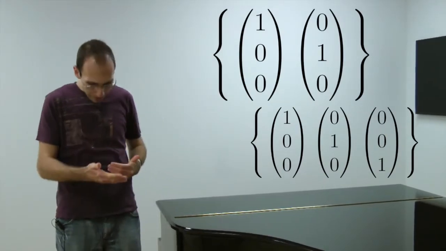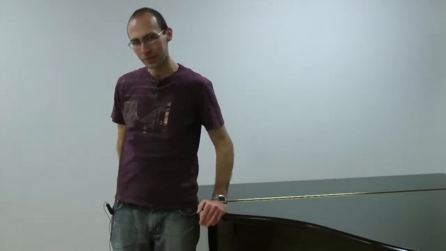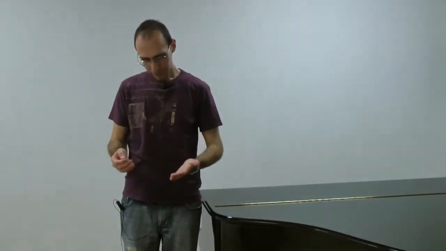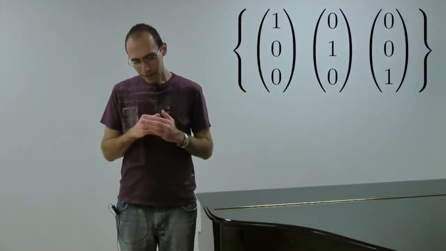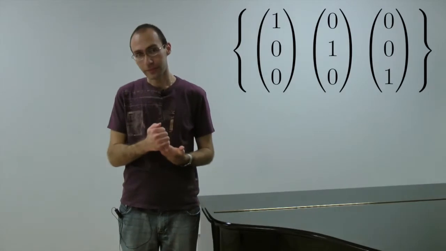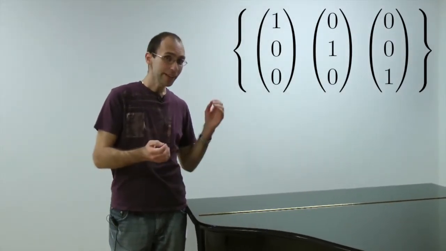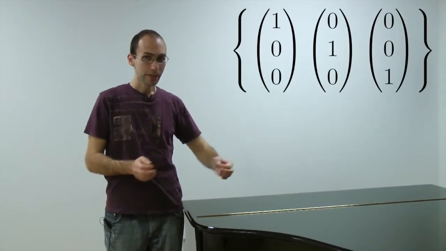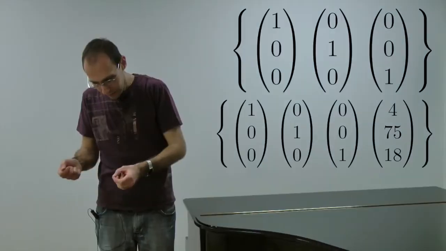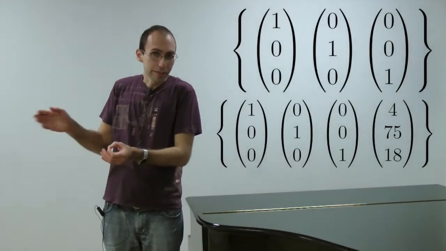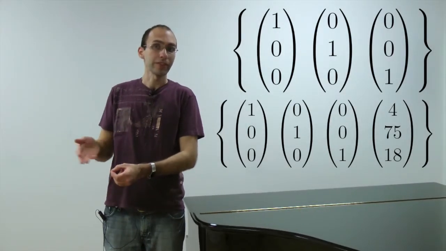So let's think about how this works. Let's see why these two simple statements are true. Suppose I have a space S, a subspace of R to the n, and a maximal independent set. This must be a basis for the following reason. If it's maximally independent, it means that if I take any other vector in S and add it to the set, this vector must be a linear combination of the previous elements.